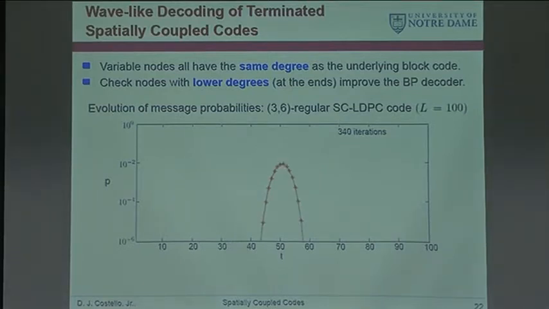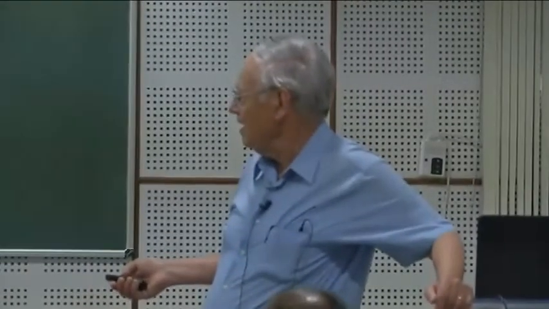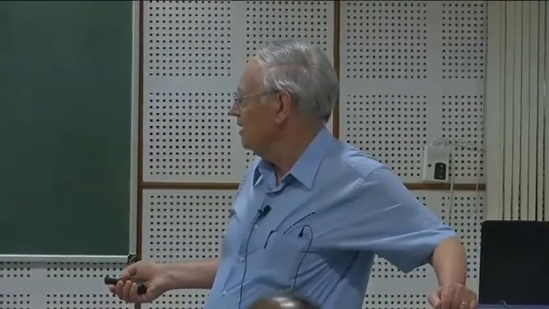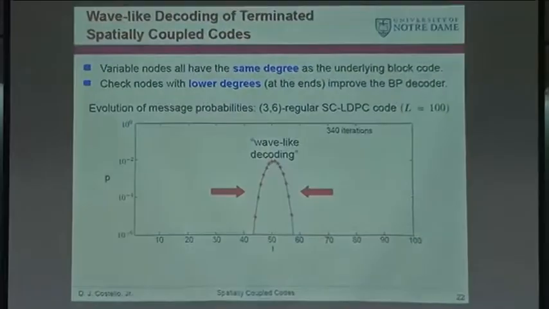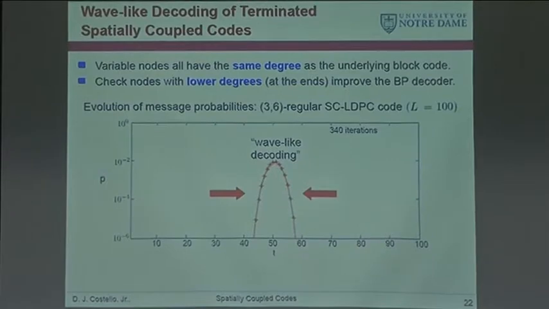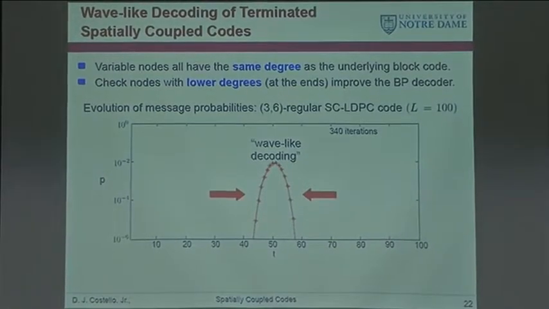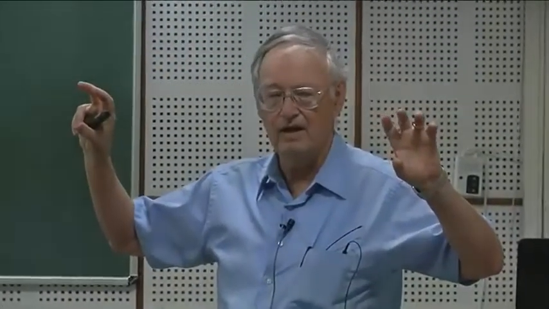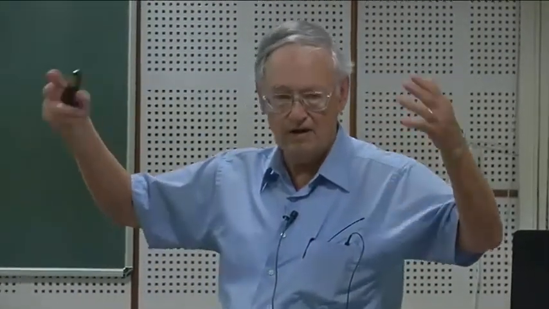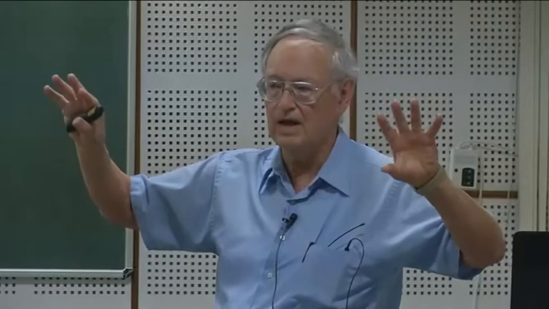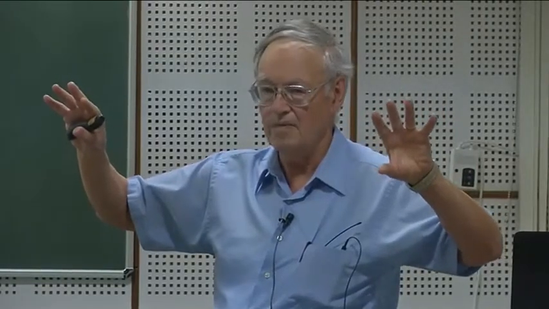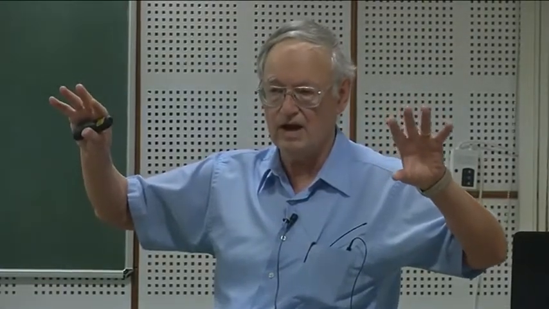This was a density evolution example that we did on the erasure channel for this particular ensemble. So this is an illustration of this wave-like decoding. The low degree check nodes at the ends get us started in being able to make reliable estimates on the variable nodes those checks are connected to.